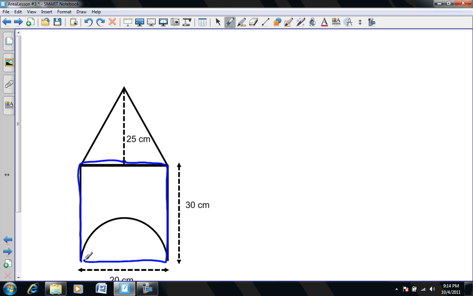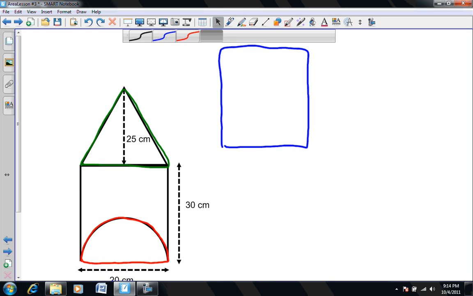But that rectangle is too much. The other thing I'm seeing is this semicircle. I need to take that semicircle away from the rectangle because it's not part of the picture. But not only do I see a rectangle and a semicircle, I also see a triangle. That needs to get added on as far as the area goes.